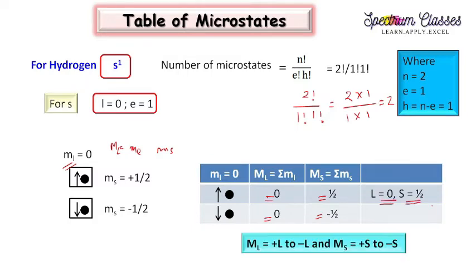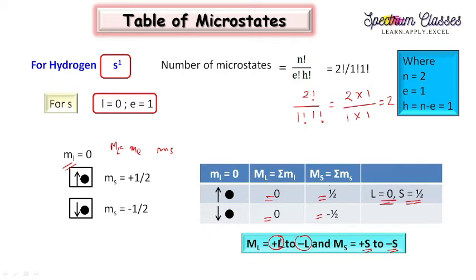So how is it so? As I mentioned in my previous slide, ML has values plus L to minus L. Capital L is equal to 0. From here, we infer that L has maximum value 0. Now coming to the MS. MS has plus S to minus S. So plus S is this and minus S is this.